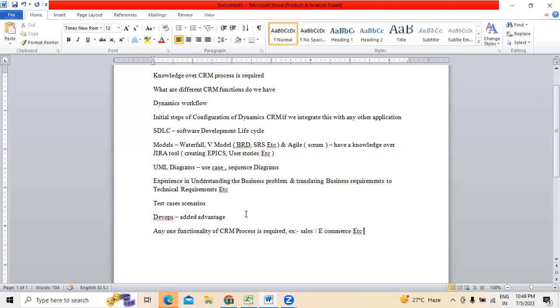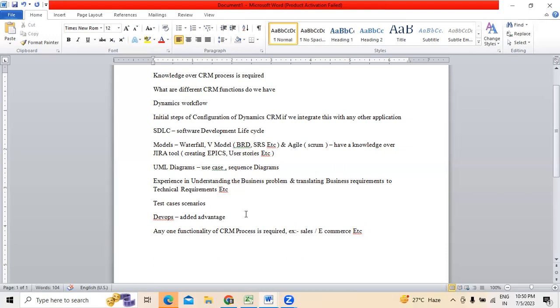Because it depends on the customer, the type of project will vary. Dynamics CRM anyone can use, right? Even a retail client can use it. Even sales organizations can use that. Even manufacturing industries can use this. So we cannot say that only these people will use it.